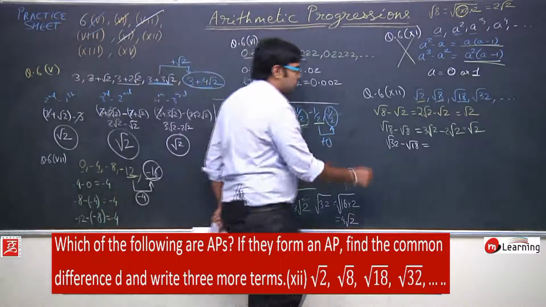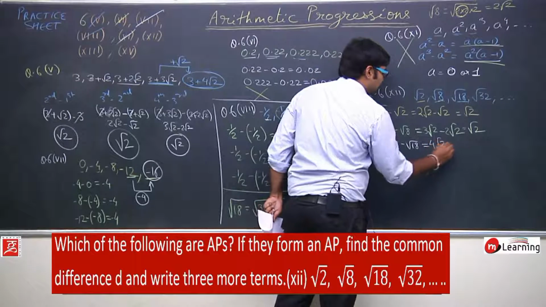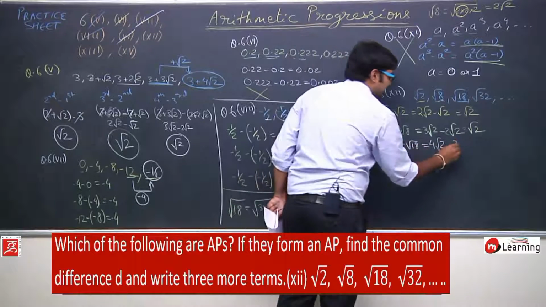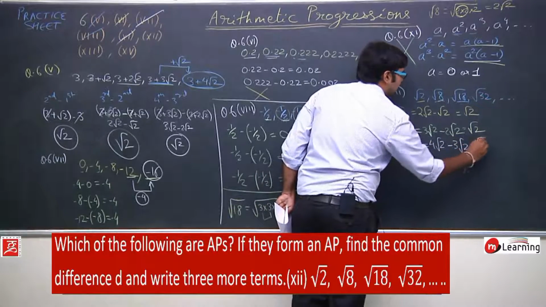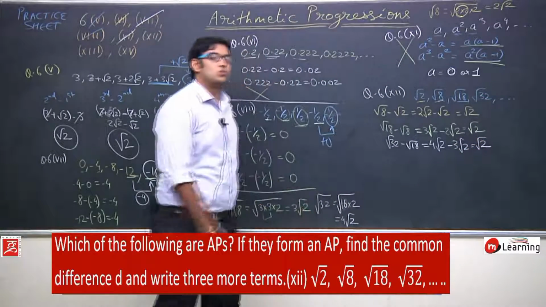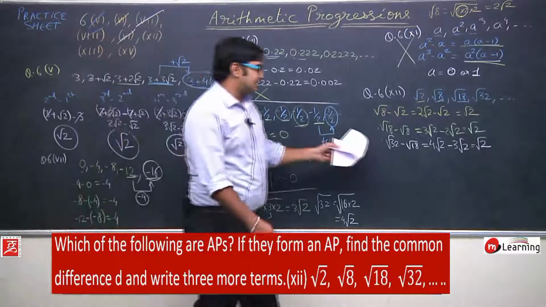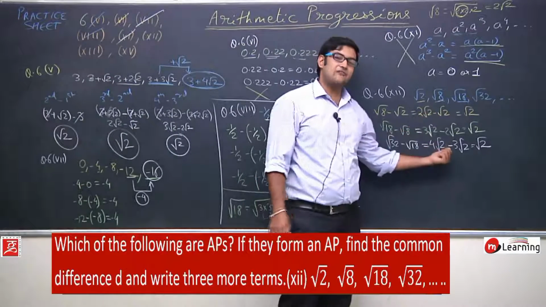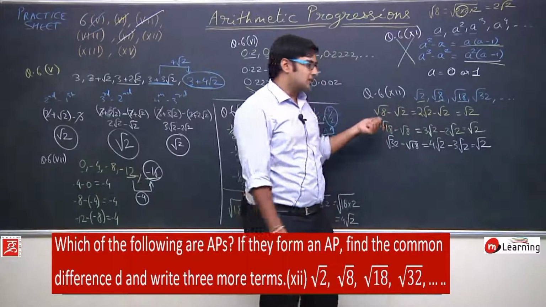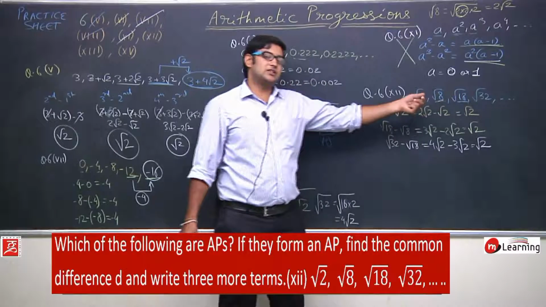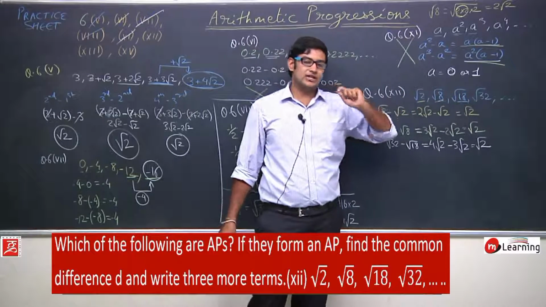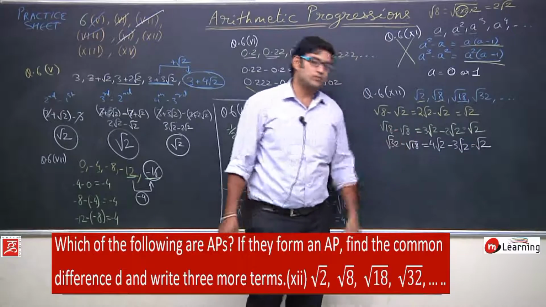So in place of root 32 I can write 4 root 2, and in place of root 18 it will be 3 root 2. So it will again become root 2. So you can very easily see that this is definitely an arithmetic progression, because the difference between any two consecutive terms is constant, equal to root 2.